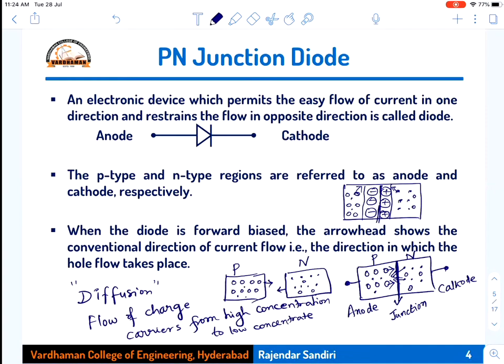The gap is because of the immobile charged ions, which are due to the mobile carriers that have recombined near the junction. So after the recombination takes place near the junction, there creates a gap or depletion region. That depletion region will not allow the carriers far away from the junction to recombine.